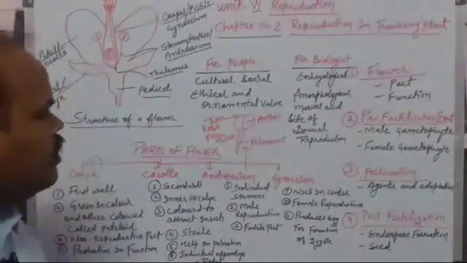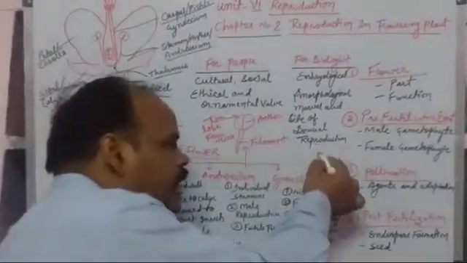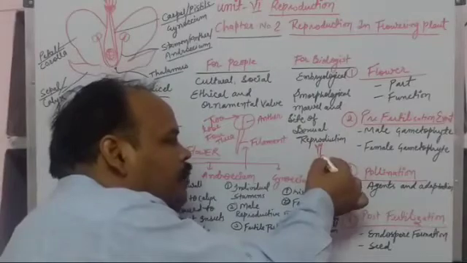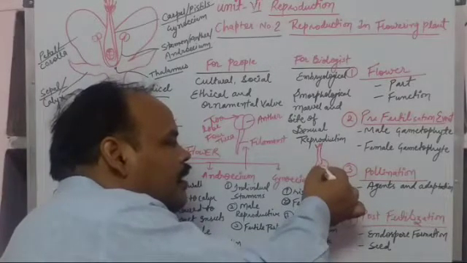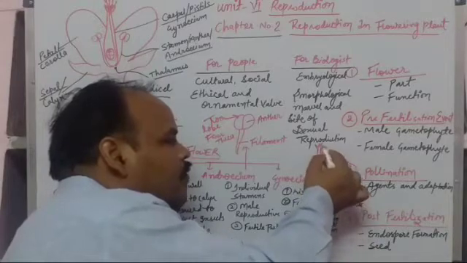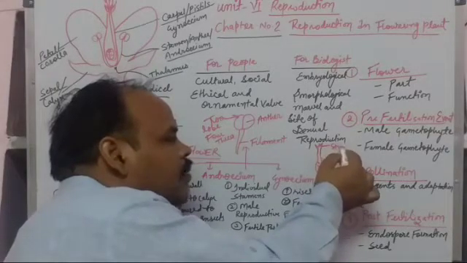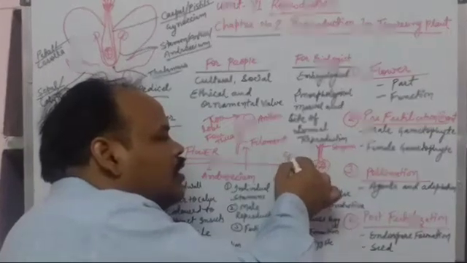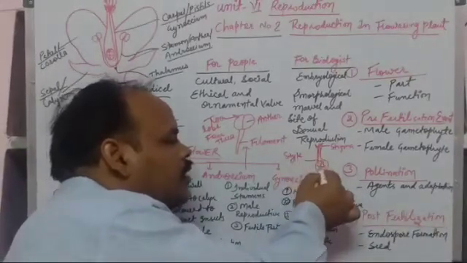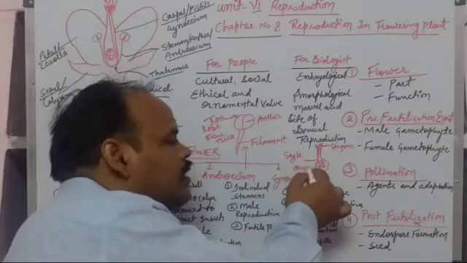Now the gynoecium has three parts. The first part is called the stigma. Second, the tube-like structure is called the style, and the last, the swollen part in the center, is called the ovary.